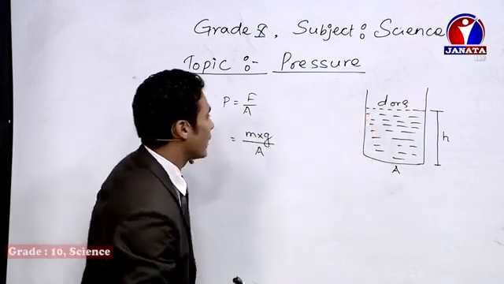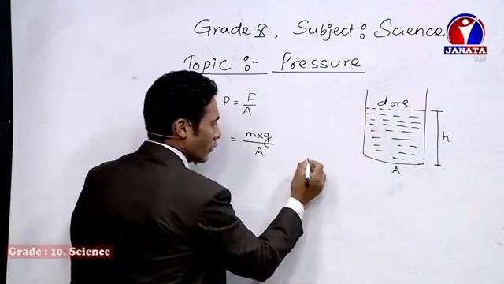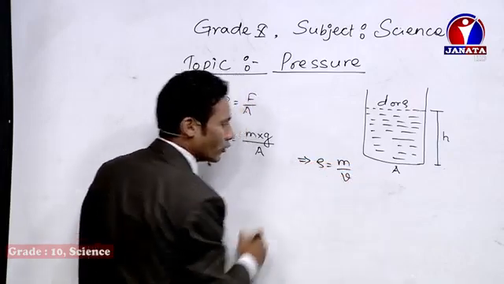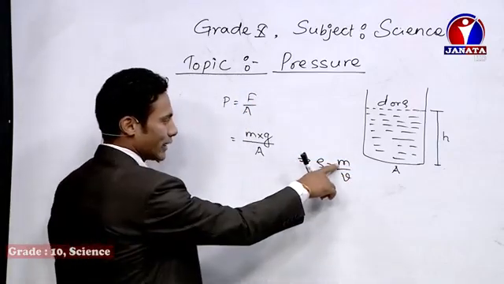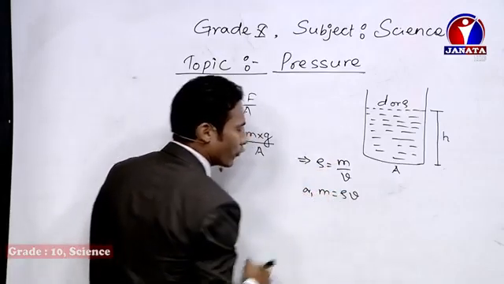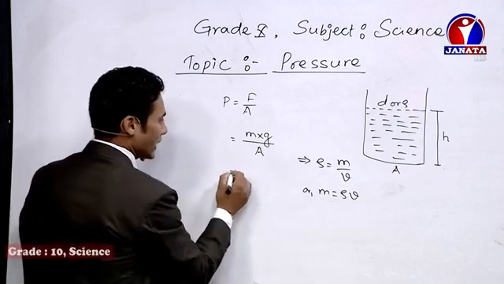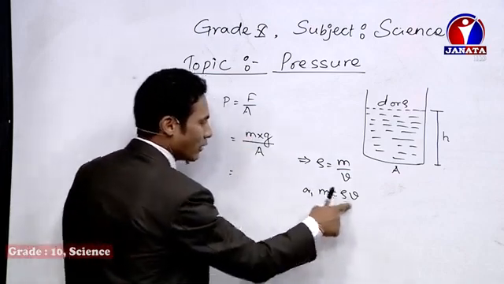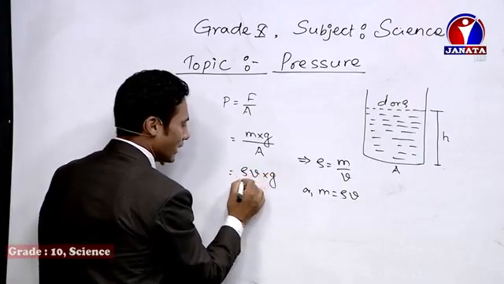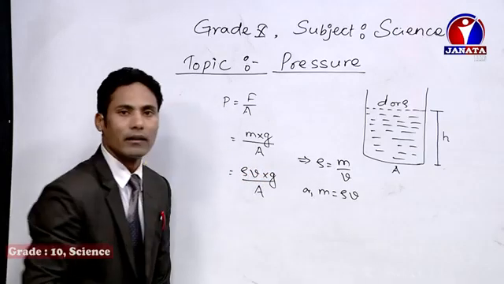So instead of mass, we have density equals mass by volume, right? So mass m equals density into volume. So instead of mass, let's put rho V, so rho V g by A.